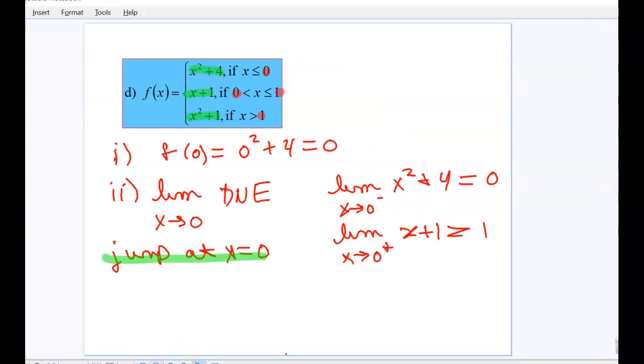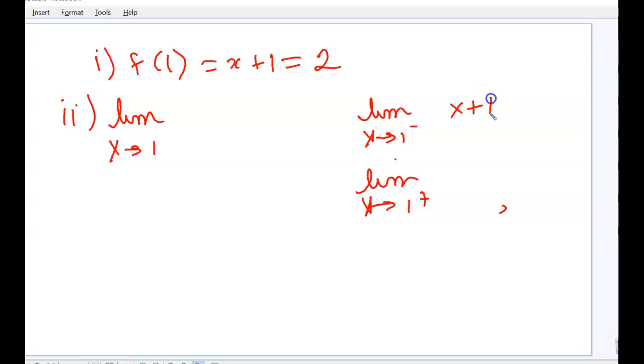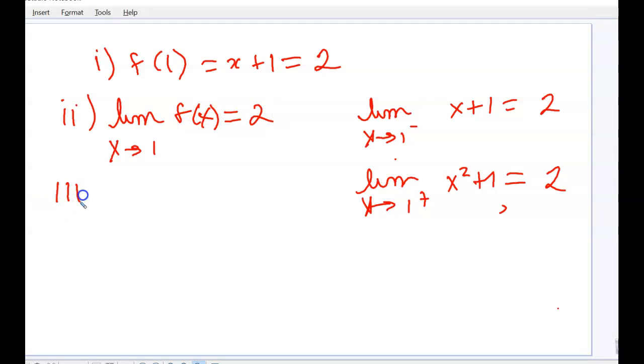So less than 1, I'm using x plus 1. Bigger than 1, I'm using x squared plus 1. If I plug a 1 in there, I get 2. If I plug a 1 in here, I also get 2. So therefore, my limit as x approaches 1 of the function is 2.